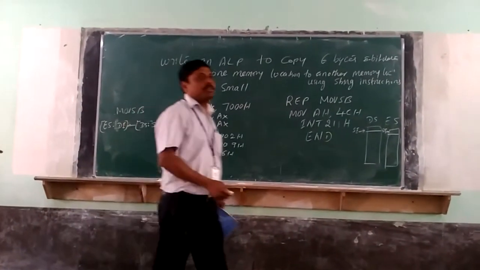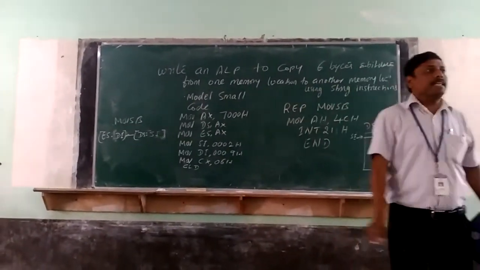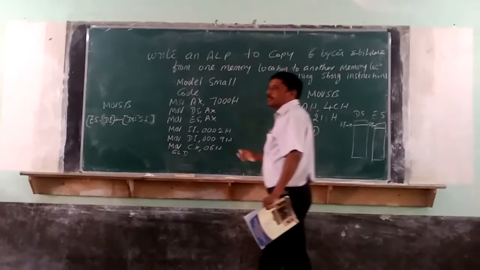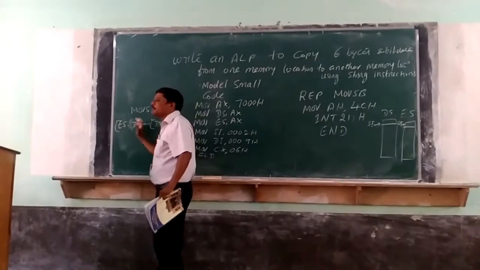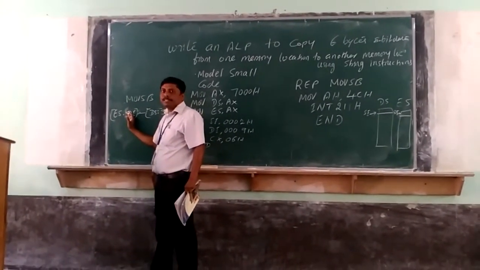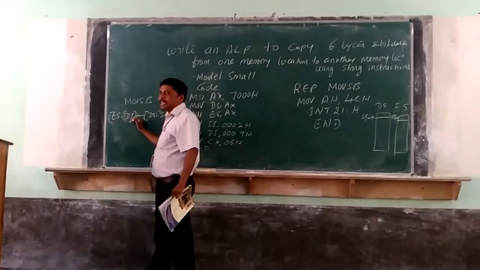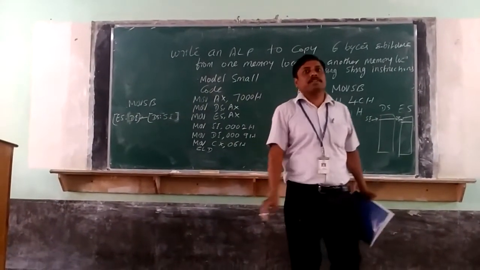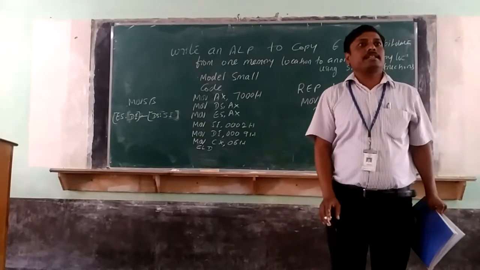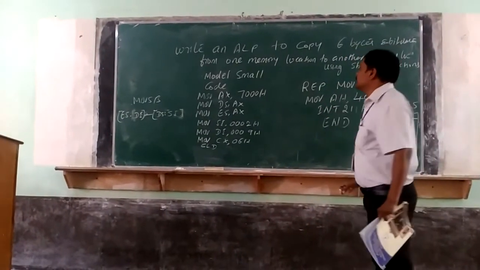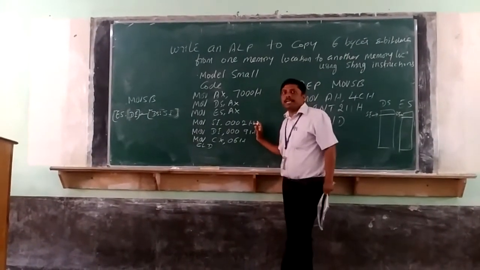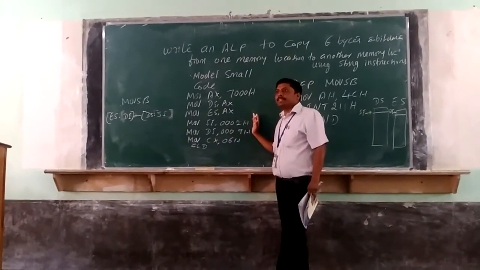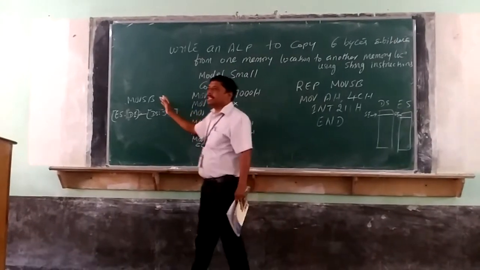Here we are going to auto increment SI and DI for the next data. One time it is going to transfer only one byte of data from source to destination. Okay. For the second time, we need the new location address, source as well as destination. For that, SI should be incremented and similarly DI. Here we are going to transfer one byte, so we need to increment just once.